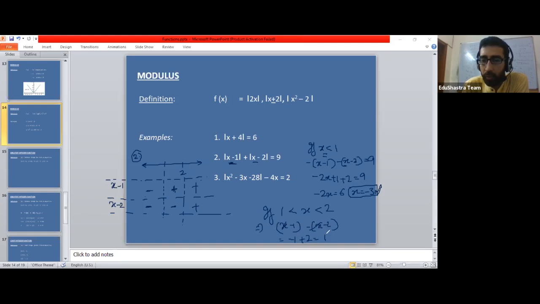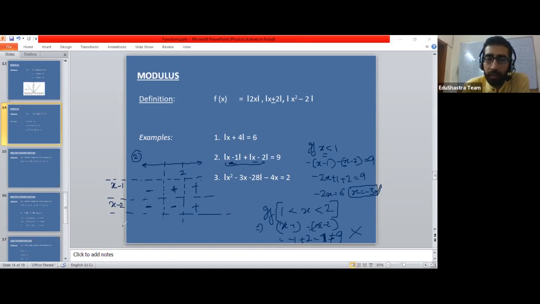X cancels out, and minus 1 plus 2 is 1. So you directly get this sum to be 1. Clearly 1 is not equal to 9. And thus, if left hand side and right hand side are not equal, it means that this assumption is invalid. Then x does not lie between 1 and 2. No solution of x lies between 1 and 2. It is absolutely clear.